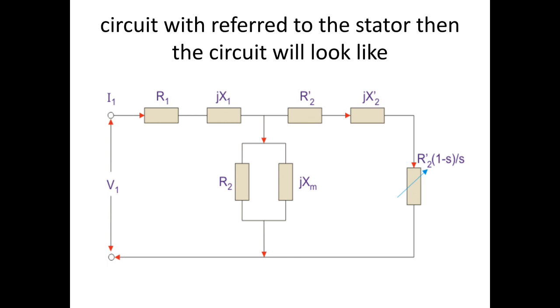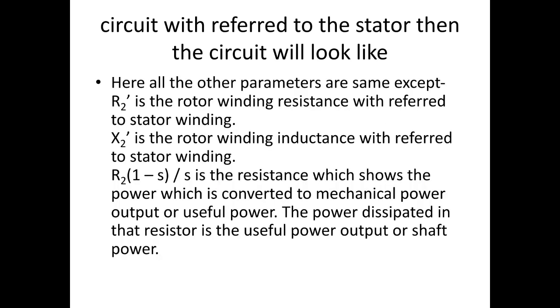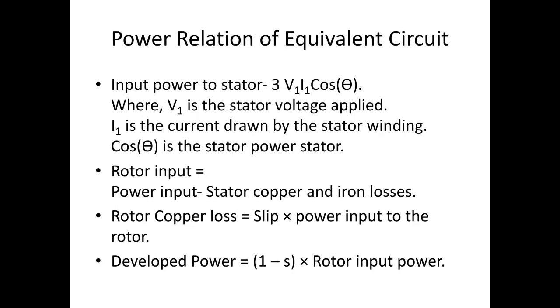Wherever 2 is specified, it refers to my rotor. So this is the circuit diagram of the equivalent circuit referred to the stator. I refer to the stator because I am combining everything for calculation purposes. All the parameters referred to the stator winding are specified in this.